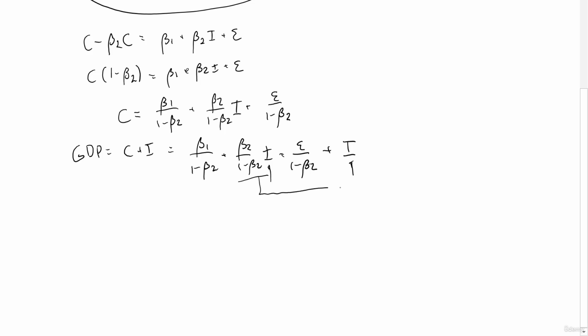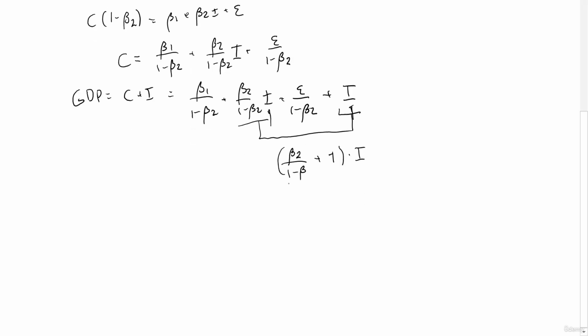So these two terms together can be written as beta 2 over 1 minus beta 2 plus 1, multiplied by I, if we factor out I. And this expression is just beta 2 over 1 minus beta 2 plus 1 minus beta 2 over 1 minus beta 2, which is 1 over 1 minus beta 2. So these two terms together is 1 over 1 minus beta 2 times I.